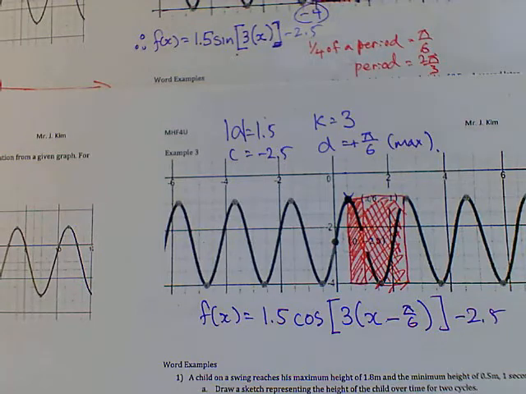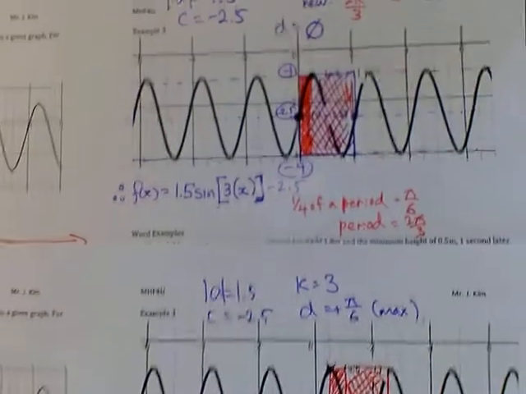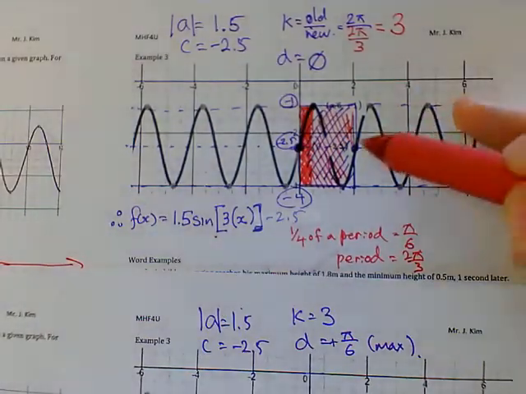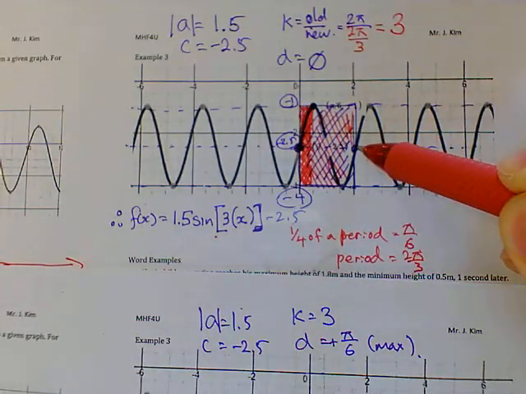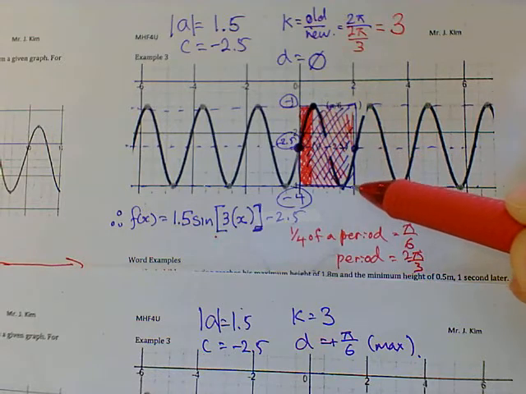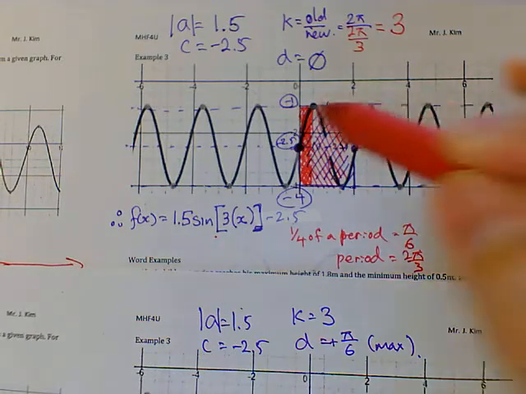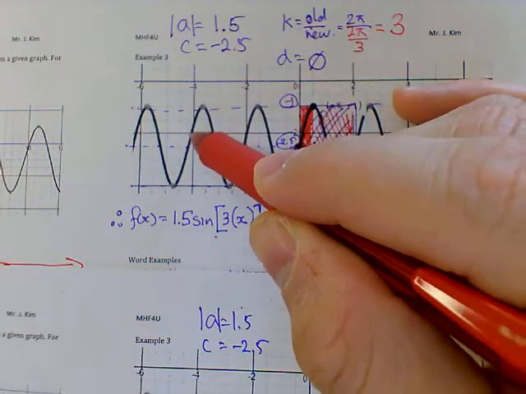Could you start at the point where it hits -4 on the x-axis and do sine?